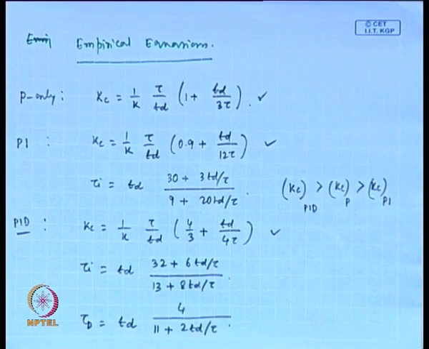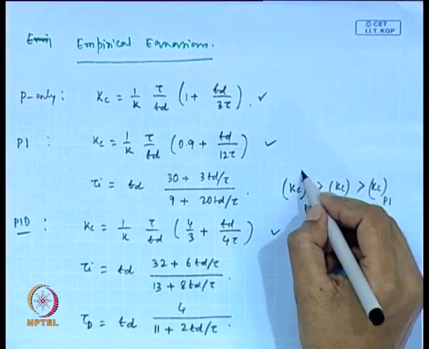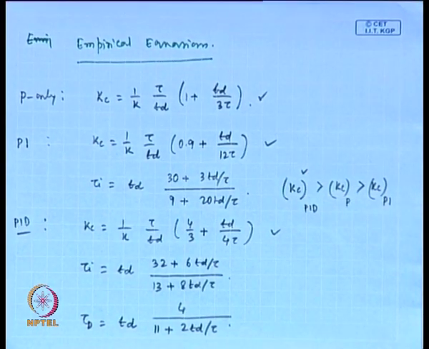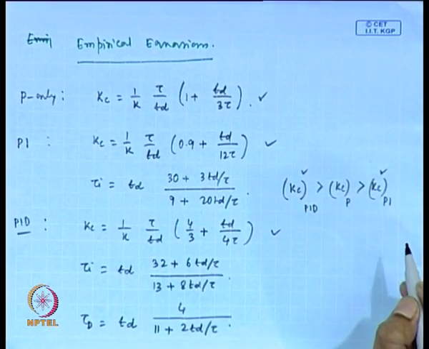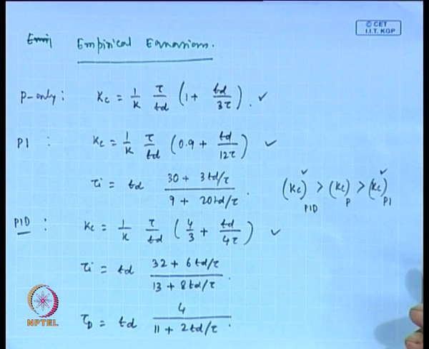Kc value of PI controller is the lowest and Kc value of PID controller is the highest. The reason is very obvious. If we introduce integral action, there may be some instability problem. Therefore, Kc is taken lowest, and PID controller has better stability criteria. Therefore, the highest Kc value for PID is considered.